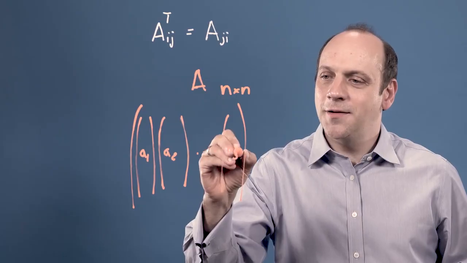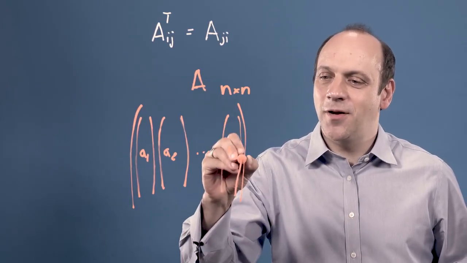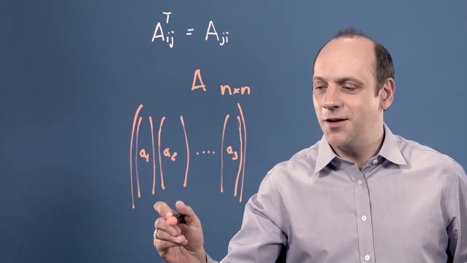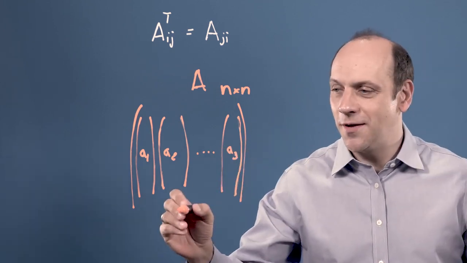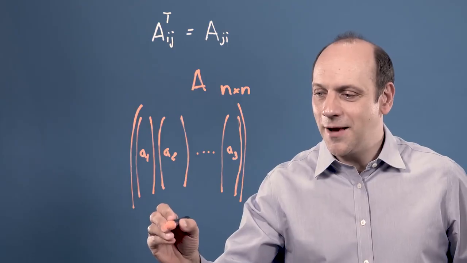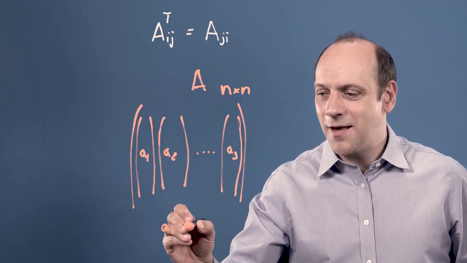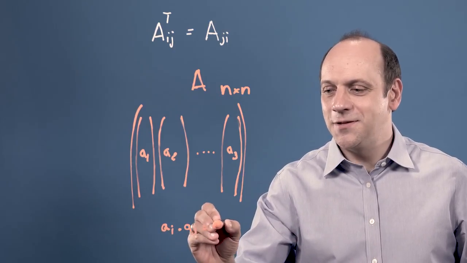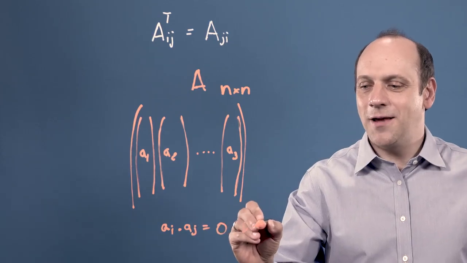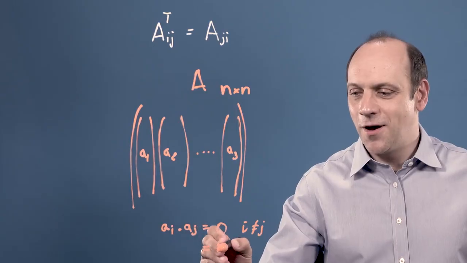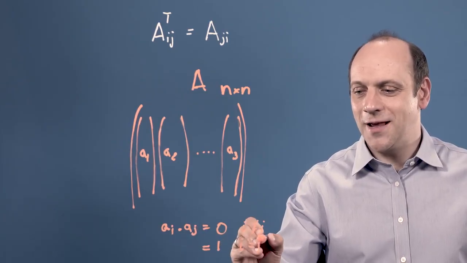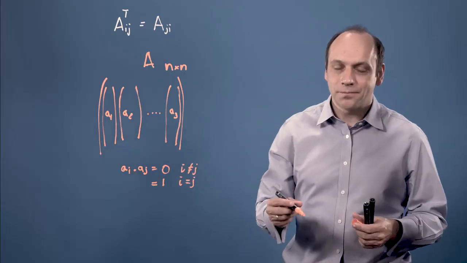And I'm going to make this a special matrix where I impose the condition that these vectors are orthogonal to each other and they have unit length. That is, A_i dotted with A_j is equal to 0 if i isn't equal to j, that is, they're orthogonal, and it's equal to 1 if i is equal to j, that is, they're of unit length.